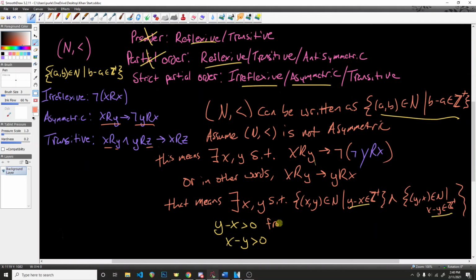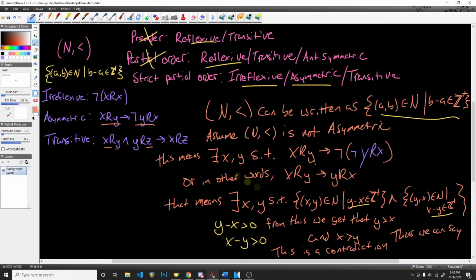So from this, we get that y is greater than x and x is greater than y. And this is clearly a contradiction. This is a contradiction. And if you wanted to be more obvious about it, you could write y greater than x, which is greater than y. Again, it still does not make any sense. Thus, we can say that our relation is asymmetric.